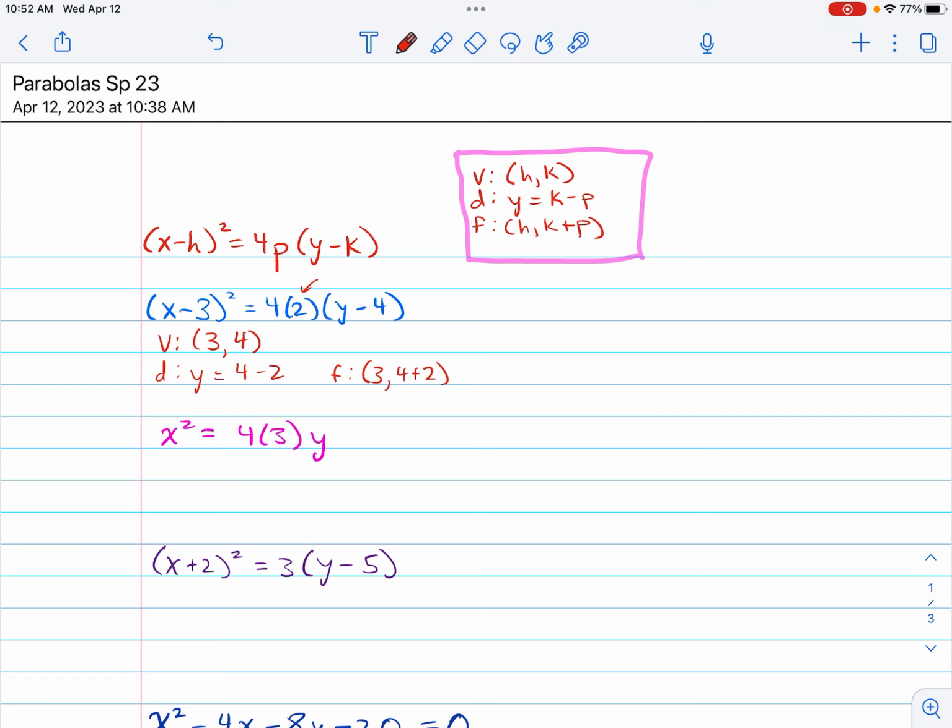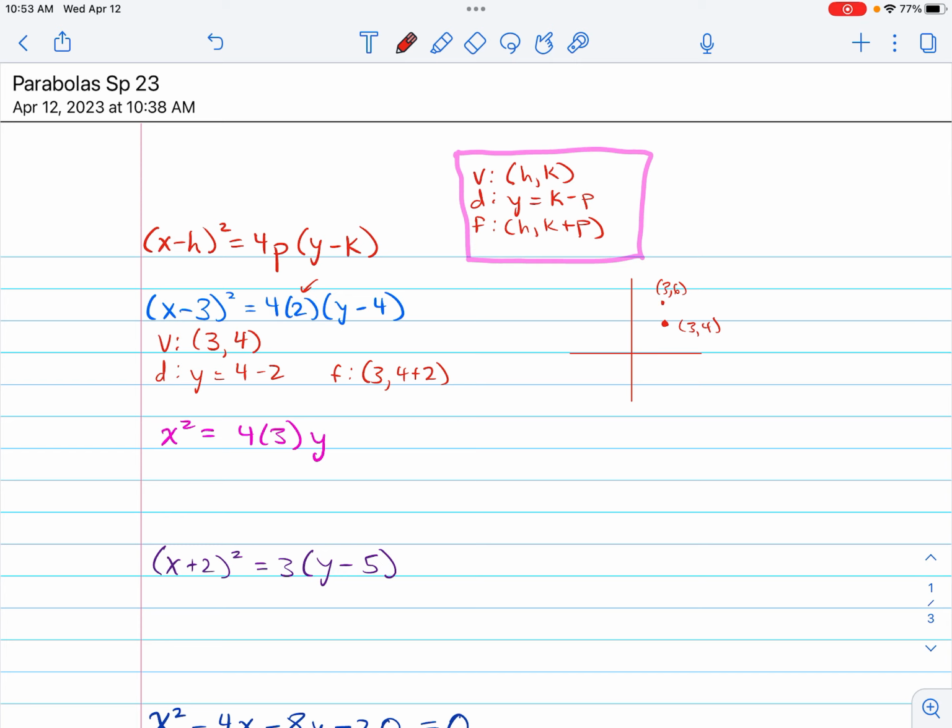So if you look at what this graph looks like, I'm just going to do a sketch here. We've got this point (3, 4), which is the vertex. We go up 2 units, and we get (3, 6).